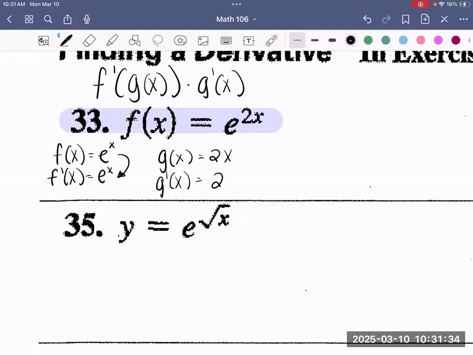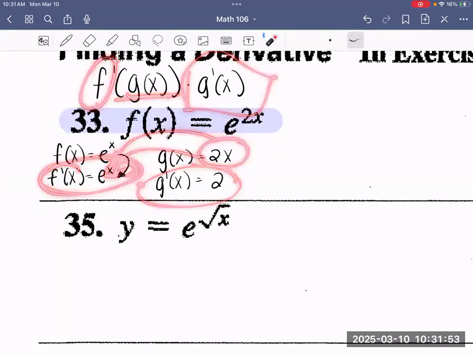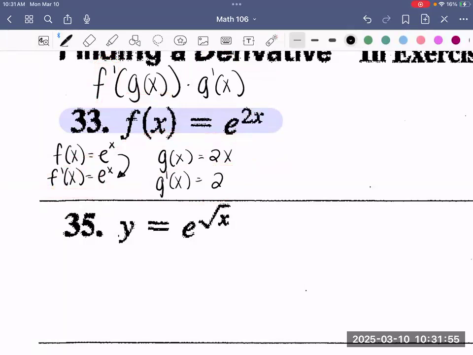When you complete your chain rule all together, it should look something like this: you have the derivative of f, and instead of just saying x, we have to put g of x on the inside. That is your exponent. Then you multiply it by g prime of x, which is just the value of 2.